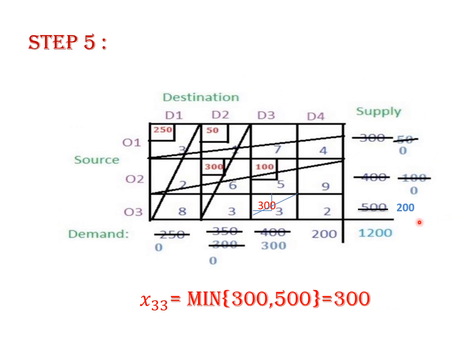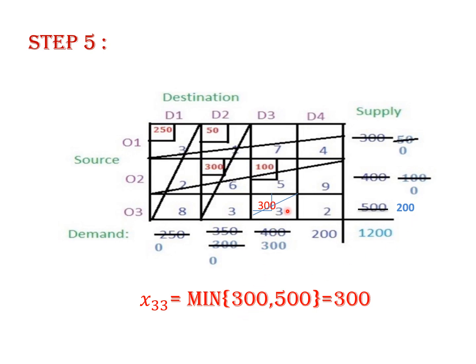Next step, the northwest corner is x33. We have to find the initial basic feasible solution for x33: minimum of S3, D3. S3 value is 300. D3 value is 500. The minimum value is 300. Subtract 300 from 500. The remaining value 200 is placed here.